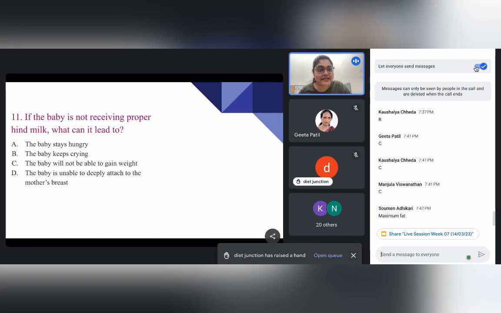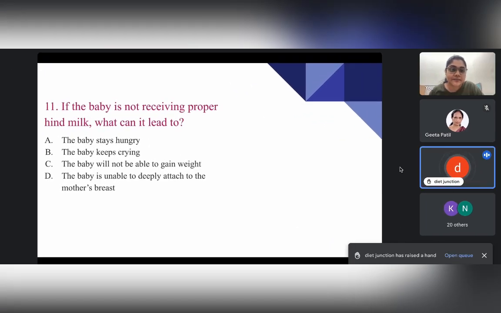Yes, please go ahead. Yeah, the same thing, we have to press the breast and check if thin milk is coming, then definitely continue. But if thick milk is coming drop by drop, and the flow is not continuous, that means the hind milk is almost over and we can shift the child to the next breast.